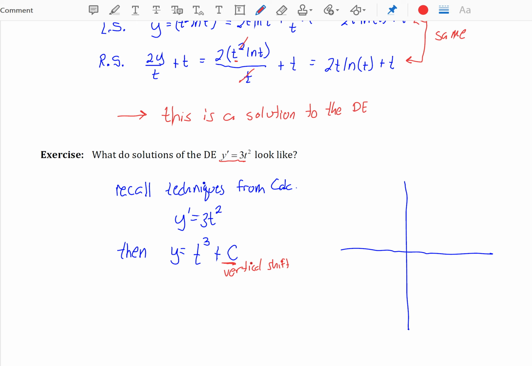So if, for example, c is equal to 0, then our function is just y equals t cubed. If, however, our constant c is equal to 2, then our solution would look more like this.